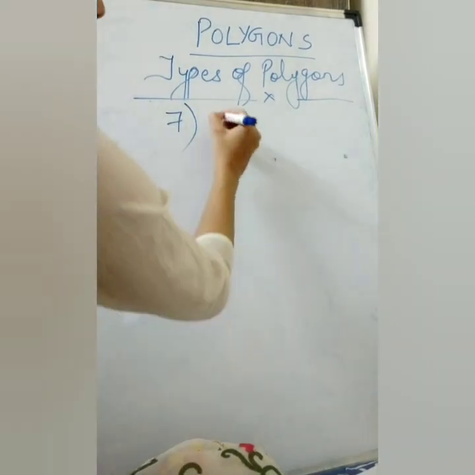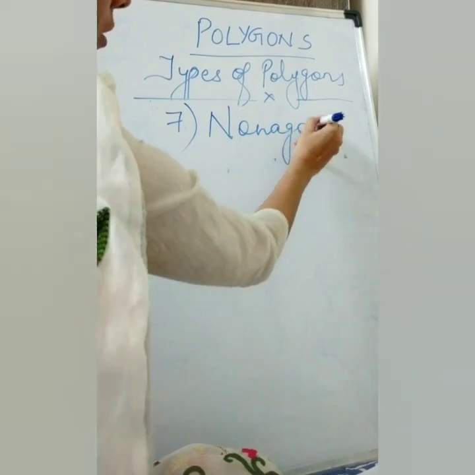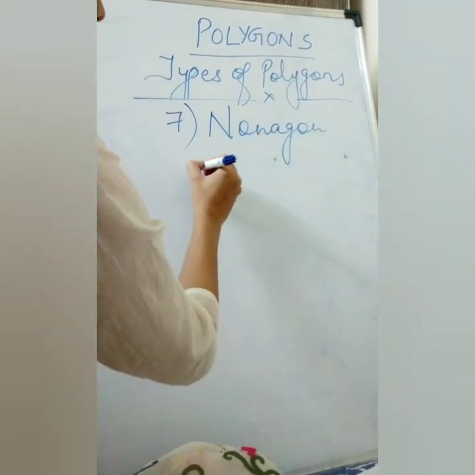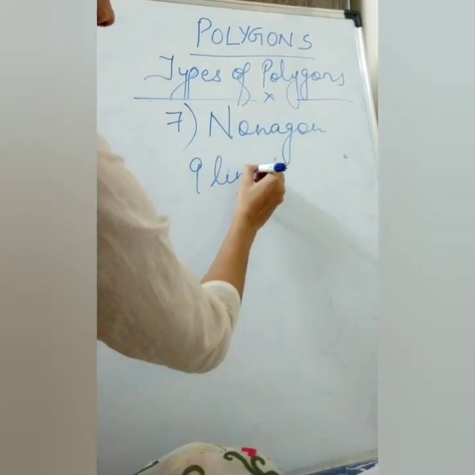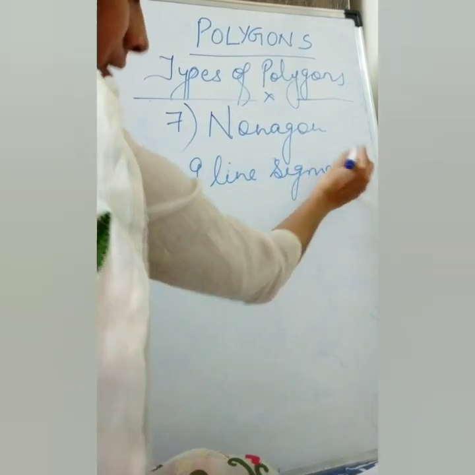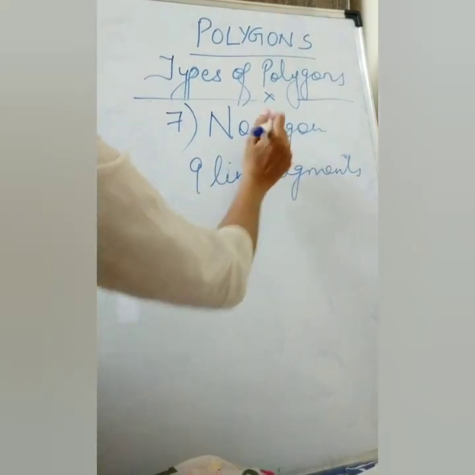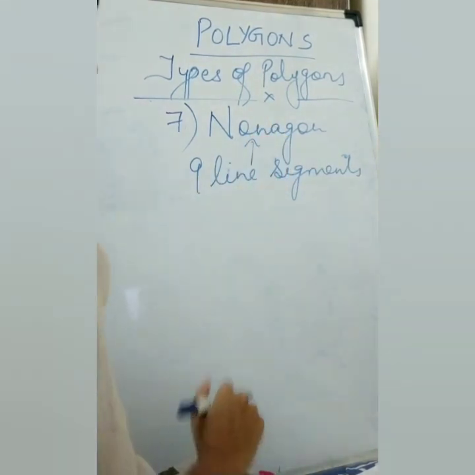Now 7th is nonagon. It is also a polygon with 9 line segments. So how many segments? 9 line segments. A polygon with 9 line segments is called a nonagon.